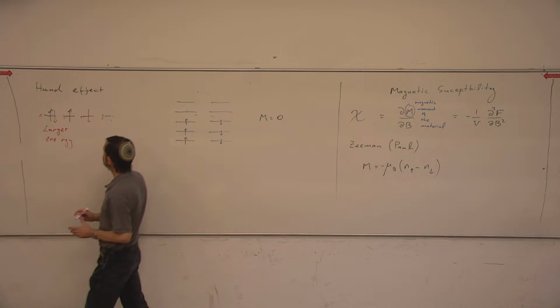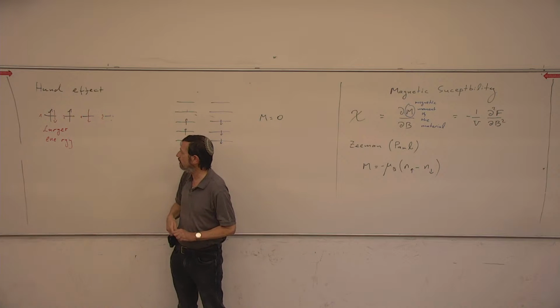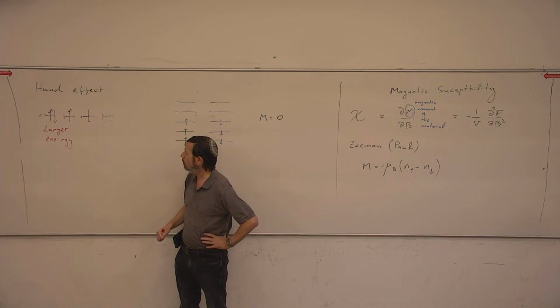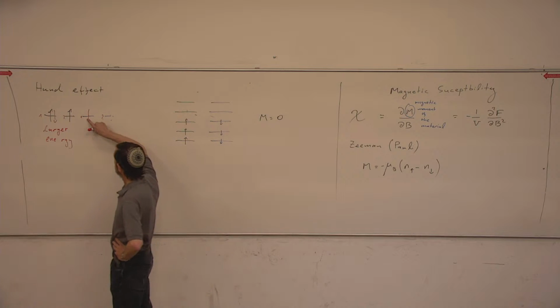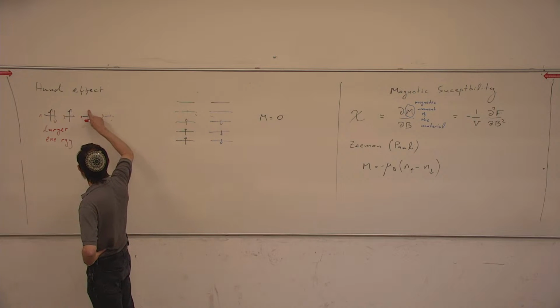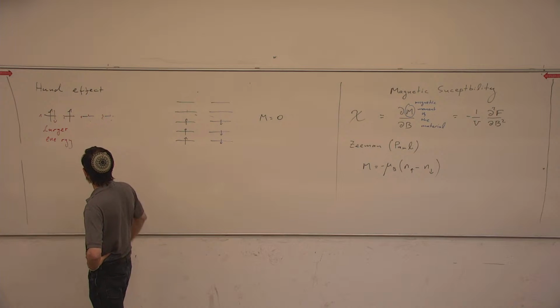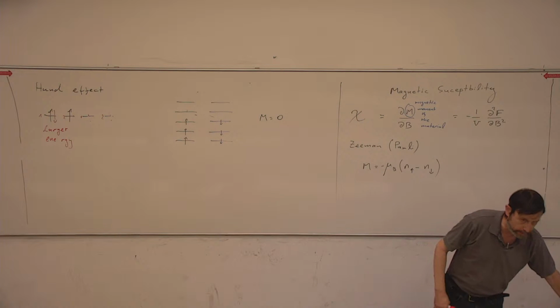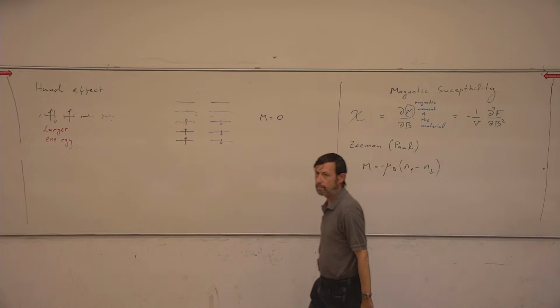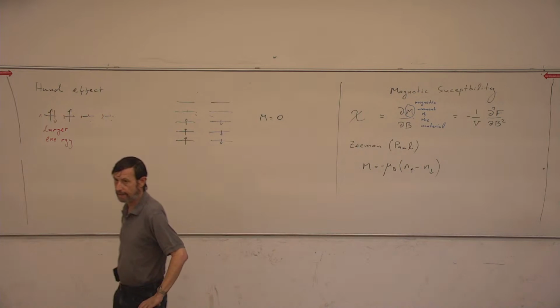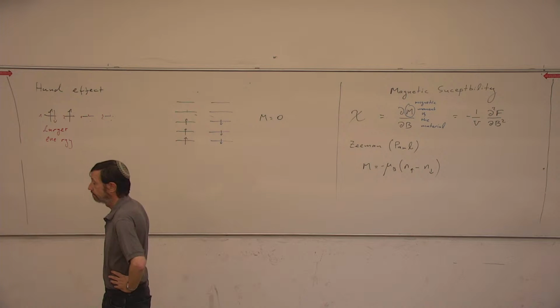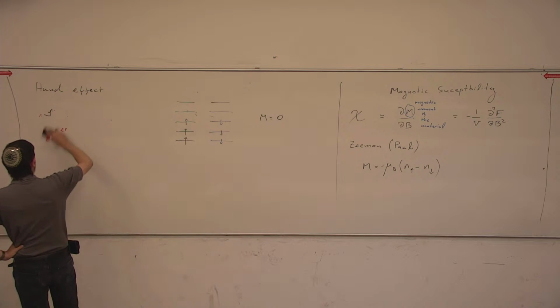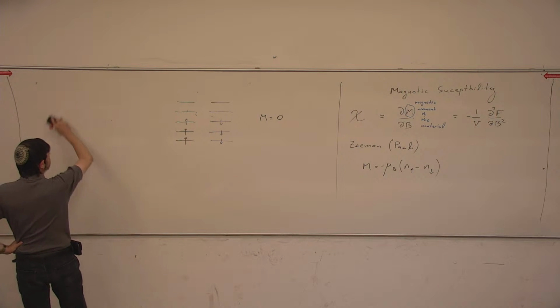To put both of them, spin up and spin down, on state 1 costs more energy than putting them on separate states. So that's the Hund effect, which explains a permanent magnetic moment in an atom. Okay, but that's atomic physics.